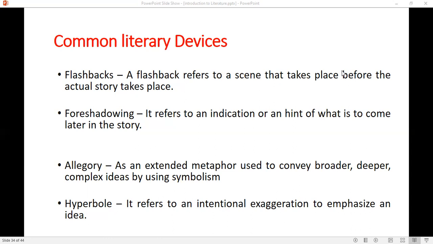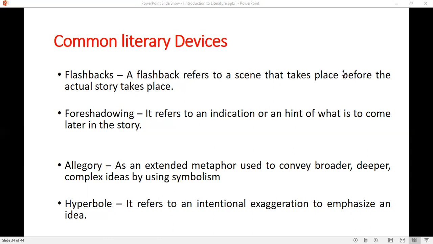Then, allegory is an extended metaphor used to convey broader, deeper, complex ideas by using symbolism. The last device in the slide, hyperbole, refers to an intentional exaggeration to emphasize an idea.